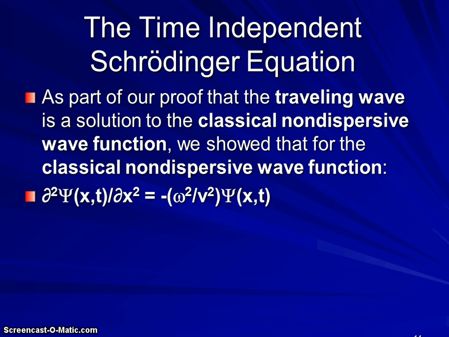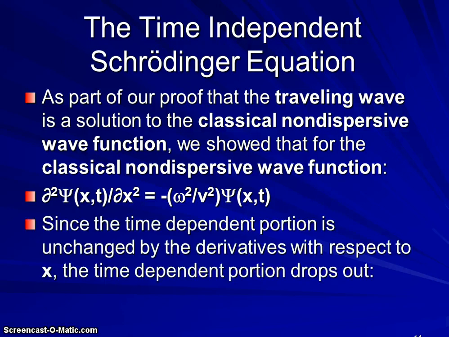But one of the things that we showed is that the second derivative with respect to x of a wave function that is a solution to this problem is negative omega squared over v squared times the original wave function. That's a fairly easy thing to prove algebraically just by taking that second derivative.